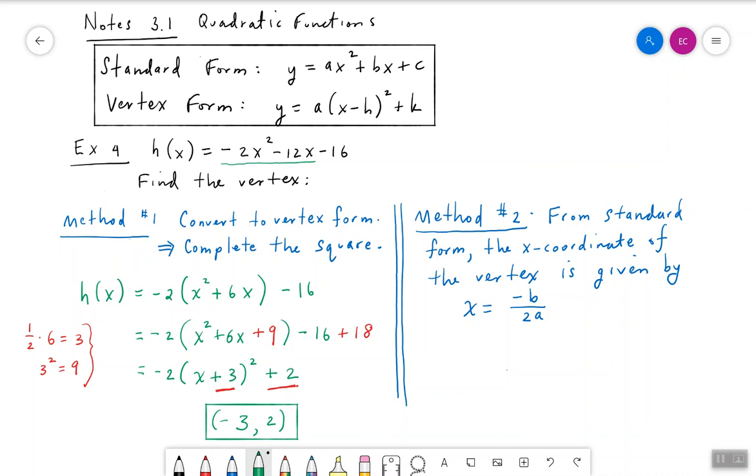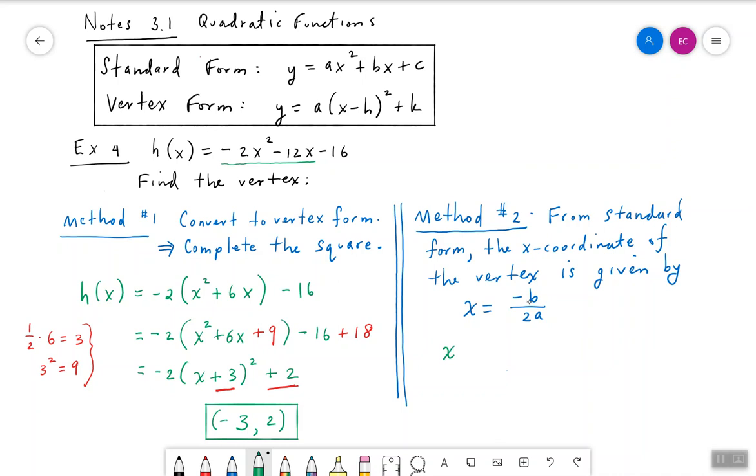The algebra is a little tricky in this first method, so that's something that you are really going to have to practice with the homework. The second method I think is a little bit easier. We can just plug into the formula negative b over 2a. So let's see how that works.